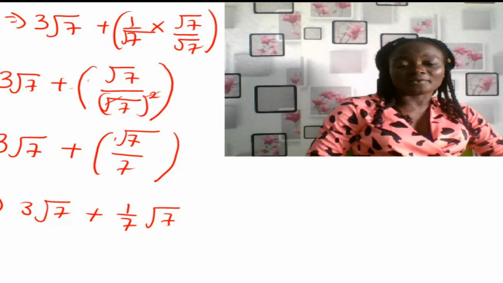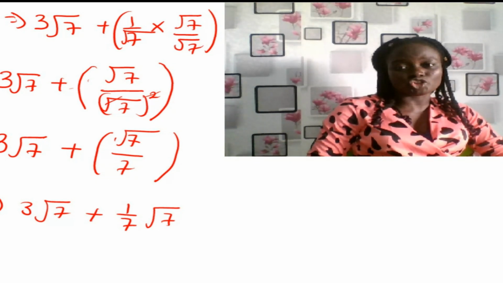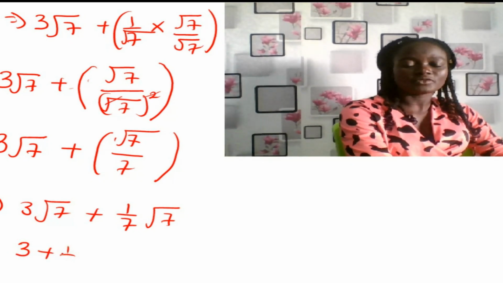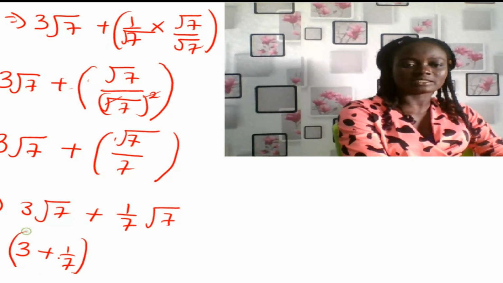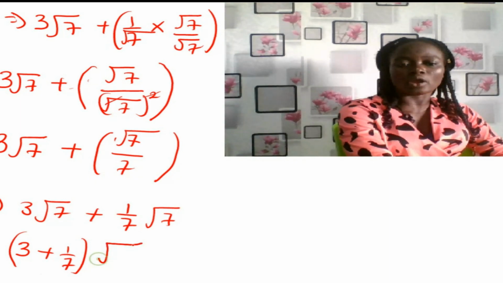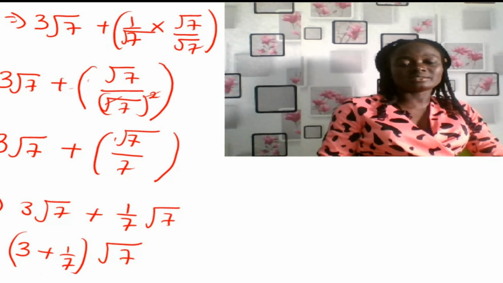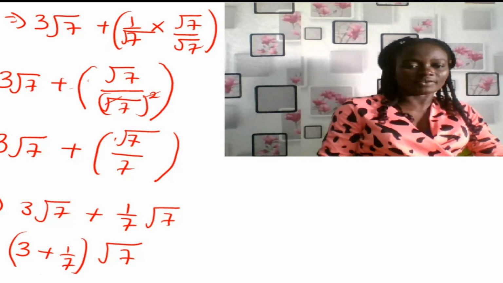When you have like terms and they are adding, what do you do? You bring the numbers outside the root signs together. So we have 3 plus 1 over 7 in one bracket. Then you pick one of the root 7s. So we are going to get 3 plus 1 over 7 root 7.